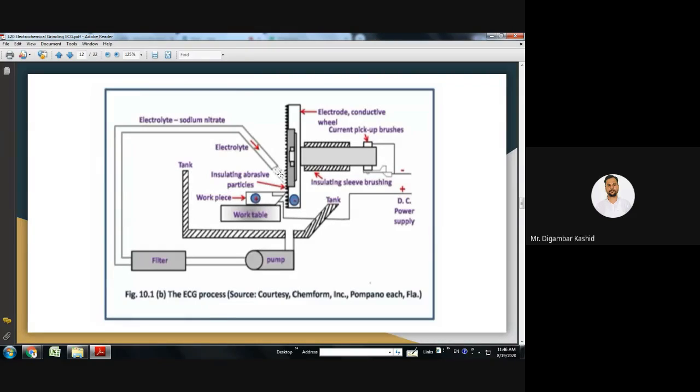In between the inter-electrode gap, we have to flow or spray the electrolyte. You can see a separate nozzle here, and the electrolyte is sodium nitrate. For recirculation, you can use a pump and filter. So this is a schematic experimental diagram of the machine tool of electrochemical grinding.